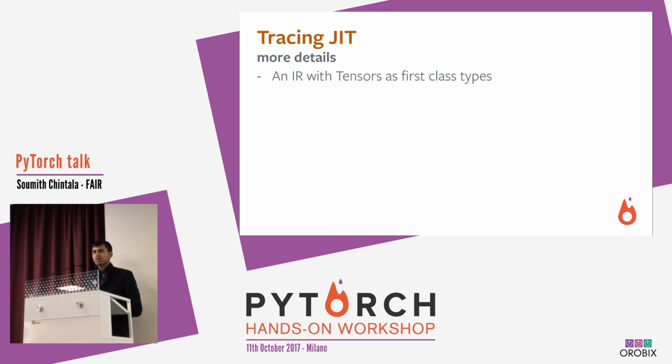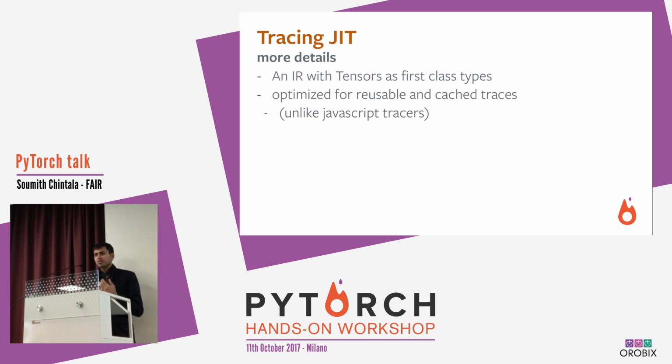So for the compiler nerds, we have an intermediate representation with tensors as fundamental types, and the JIT is optimized to have reusable traces. When you're building tensor compilers, it's slightly different from building, say, JavaScript compilers.